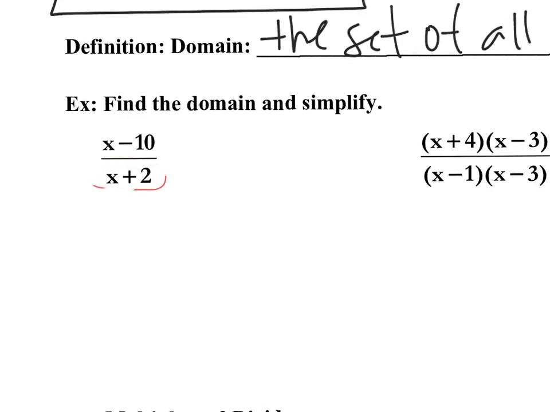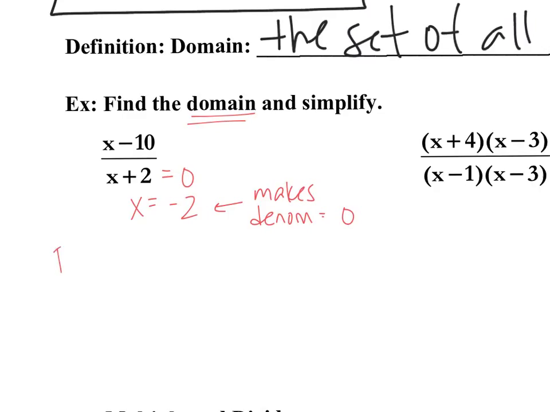How we find the domain is we set the bottom equal to 0 and solve. That number is what makes the denominator 0, so I'm going to write "makes the denominator equal to 0." So x equals -2 is bad, and the domain is all real numbers except x equals -2.